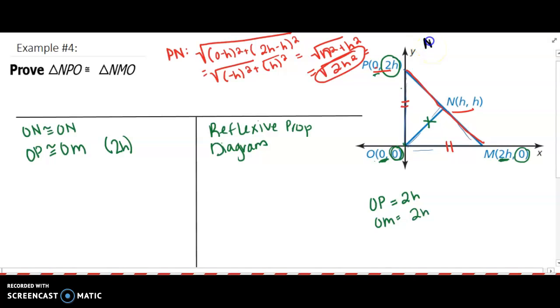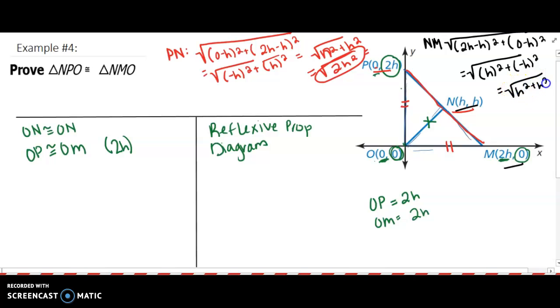All right, now let's look at NM. Okay, so now we're going to use h, and 2h, 0. So 2h minus h squared plus 0 minus h squared. Well, 2h minus h is just h plus negative h squared, which is the square root of h squared plus h squared, which is the square root of 2h squared. So notice these are the same, so I can say PN is congruent to NM, square root of 2h squared.